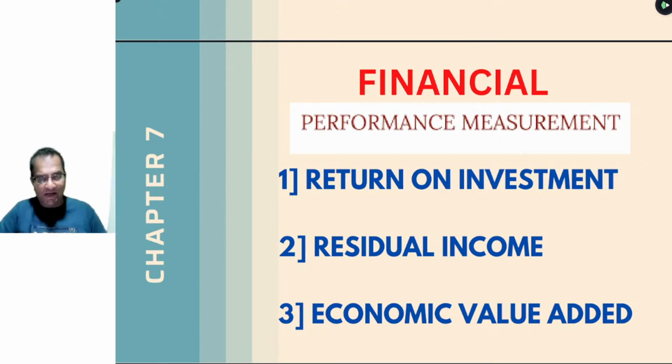Right? So the heading, beta, that you give is financial performance measurement. Write in this: the following are the 3 models, based on which we will measure the performance on financial ground.